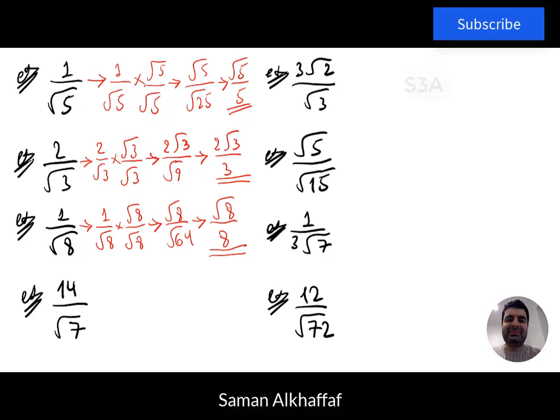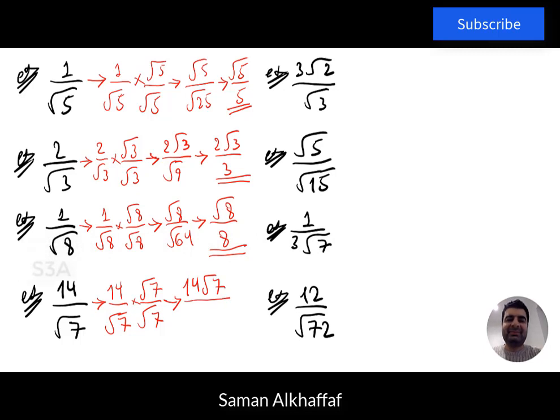Another example here, we have 14 over root 7 multiplied by the conjugate of the denominator. So we have 14 over root 7 multiplied by root 7 over root 7. We would have 14 root 7 over root 7 multiplied by root 7, which gives us 7.